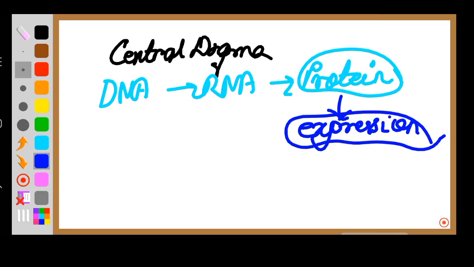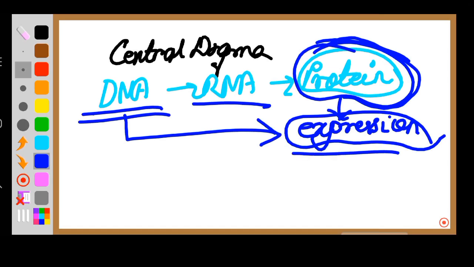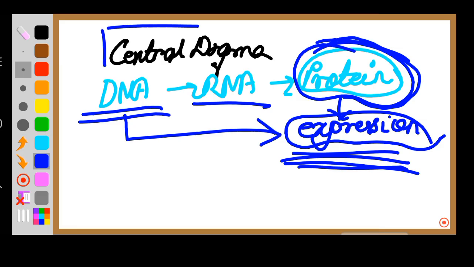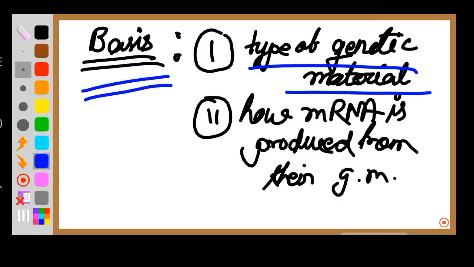So the genes that are present in the DNA are expressed through the proteins. If there is no production of RNA and no production of protein, then the genes will not be expressed. The characters will not be phenotypically expressed. So this is the central dogma.